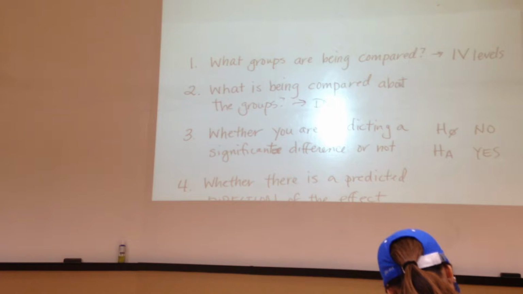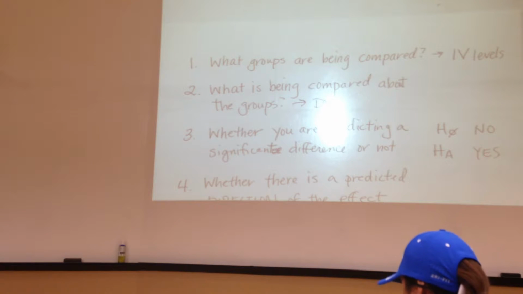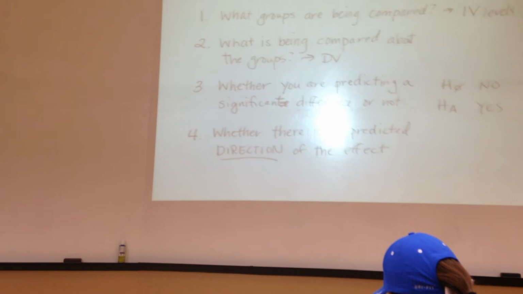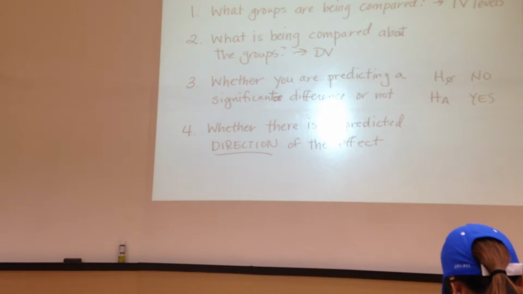Because nothing's going to happen. You're basically saying the treatment is not going to have an effect. So since the treatment's not having an effect, it can't have a non-effect in some direction. Right? It doesn't make any sense. Right? Can't do that. But if you have a specific direction, then you want to indicate what that is.